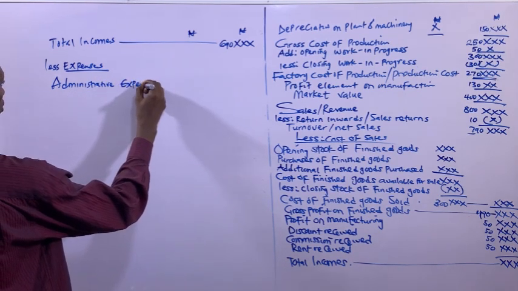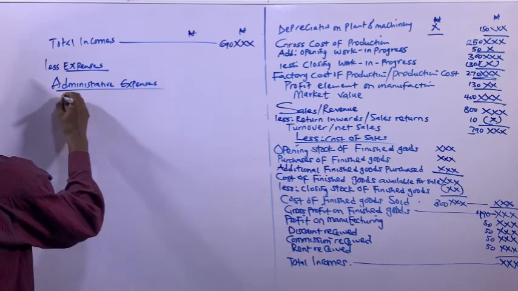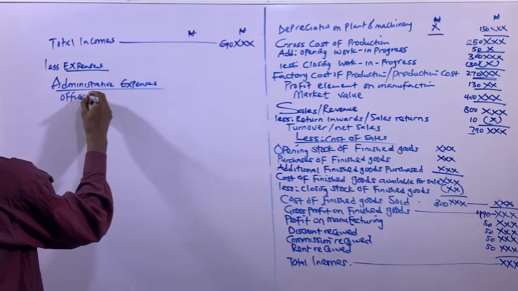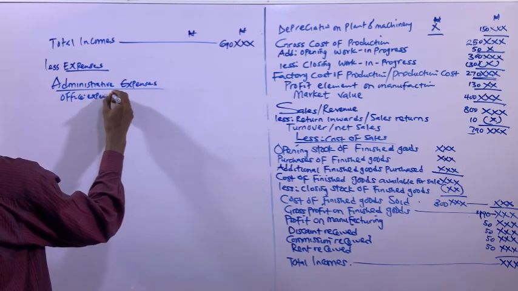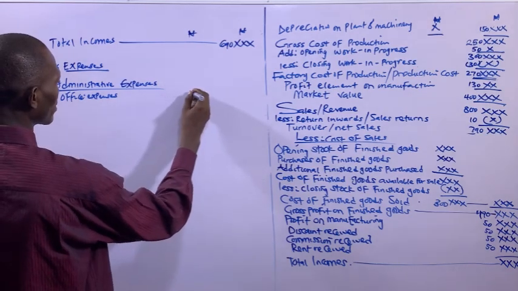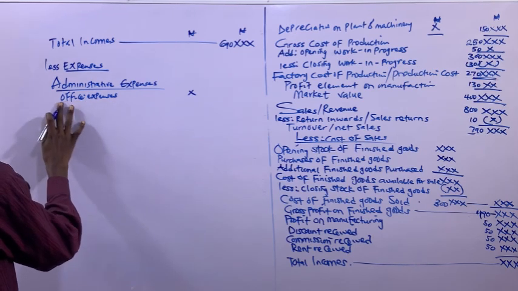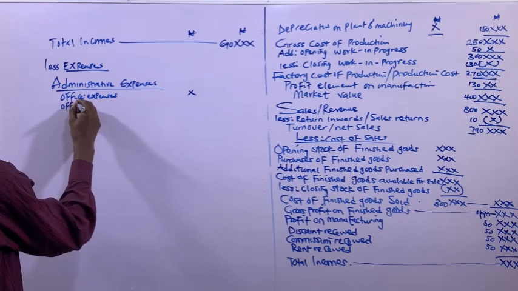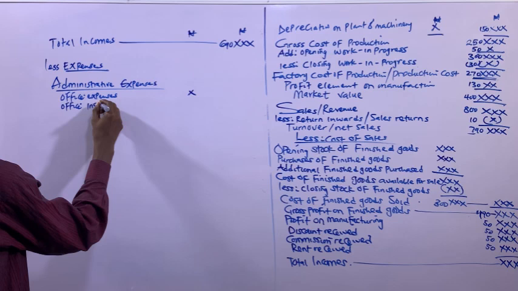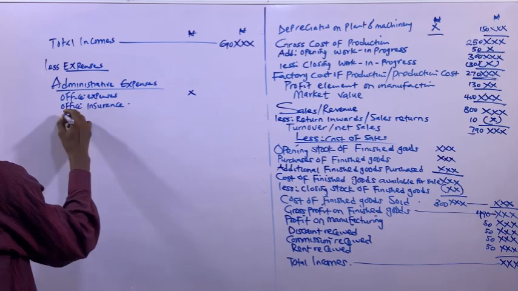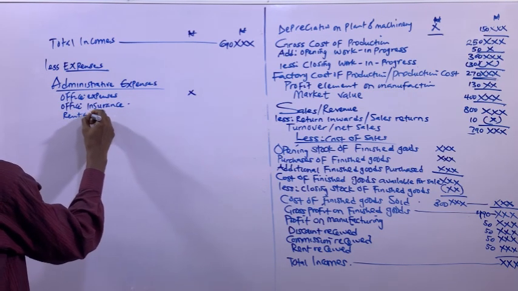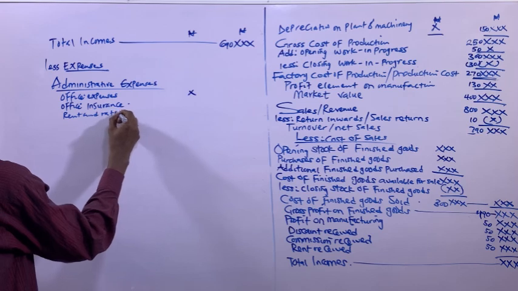So under administrative expenses, we could have office expenses, office insurance, rent and rates.